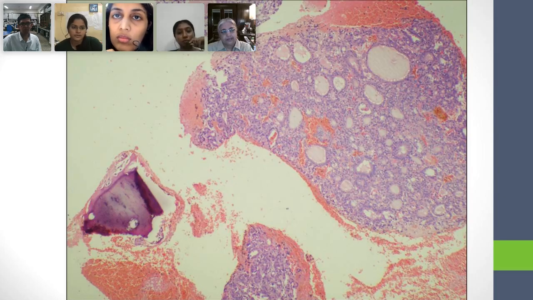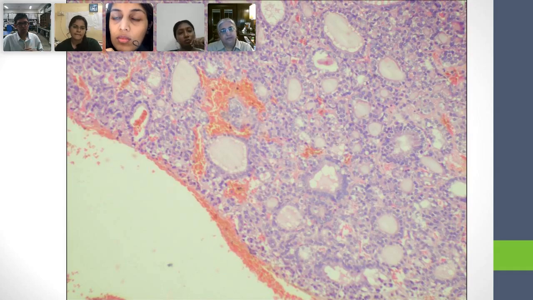Follicular pattern. Who said that? Kshitija. Yes, okay. What do you think, Neelam? We could call it glandular also. Glandular pattern, okay. But Ashish, what pattern? Glandular. All right.